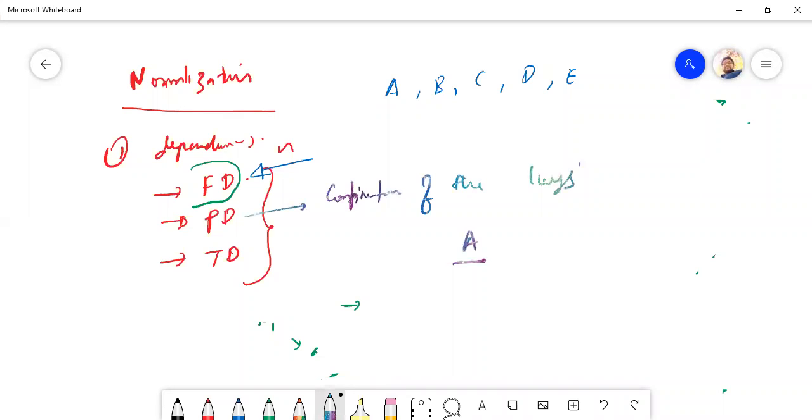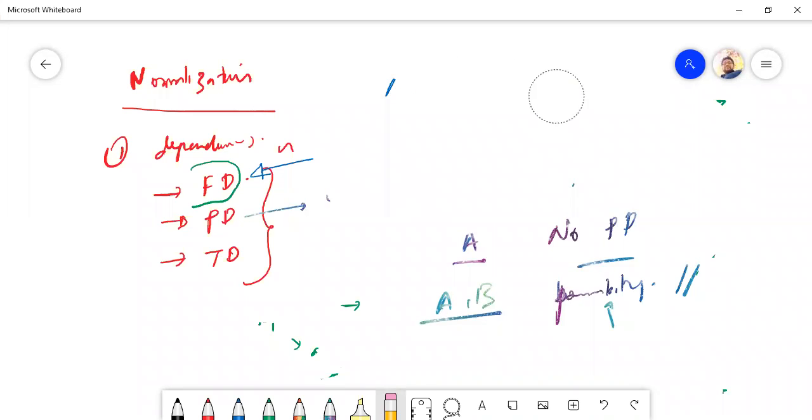If you find only a single key like this, there will be no partial dependency. If you find a combination like this, then there is a possibility. We can't say always, but there is a possibility of the existence of partial dependency. That is also what we learned.